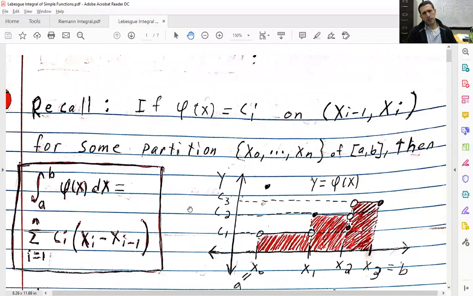Okay, so for motivation, remember what we proved last time, that if I have a step function, so that this is constant on each open partition interval corresponding to some partition of A to B. So we proved last time that the Riemann integral, should be an R here, but that's all right. The Riemann integral, as it better be, is essentially the sum of all these red areas here. Okay?